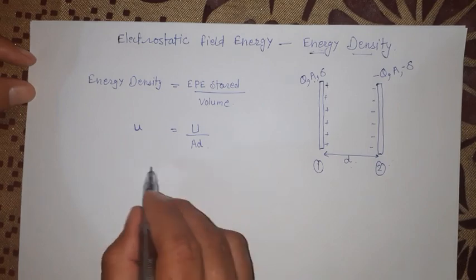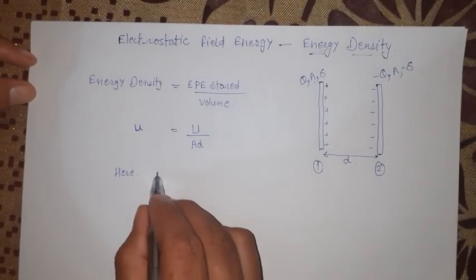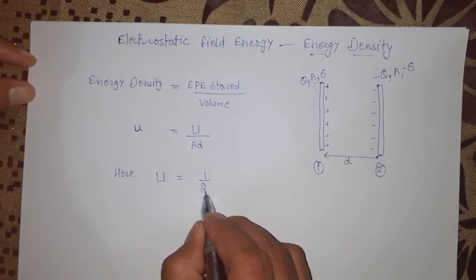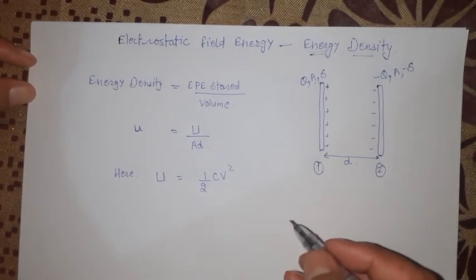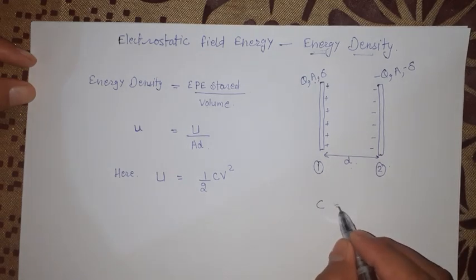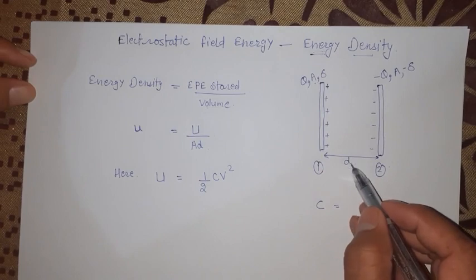Here, student, we have to remember the potential energy, which we can write with the expression 1 by 2 CV square. So how much is the capacity of this capacitor? You will look over here that I have two plates separated by a small gap.